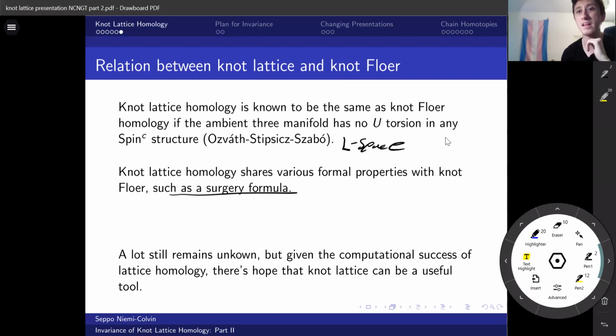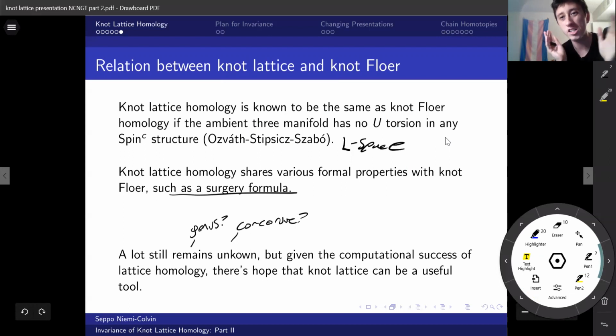A lot, however, still remains unknown. For example, genus, concordance, or more general concordance stuff need to be looked into. However, given the computational successes of lattice homology, there's hope that knot lattice can be a useful tool.